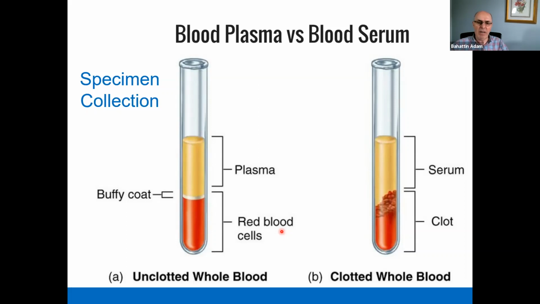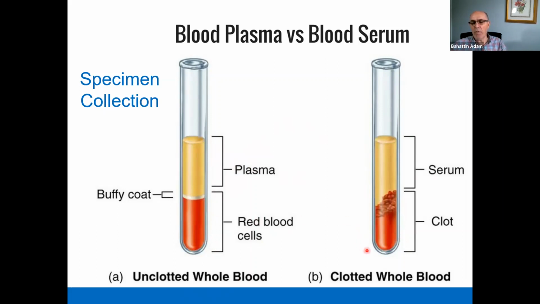As you see, if you collect blood into anticoagulated tubes, you prevent coagulation of the blood, and you will obtain plasma and red blood cells without coagulation, clotting.